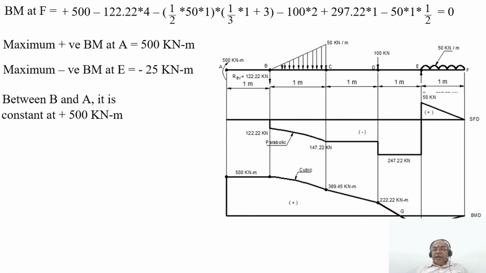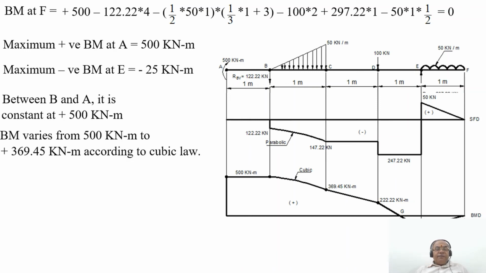Then between A and B it is a cubic curve, because BM varies from 500 kilonewton meter to 369.45 kilonewton meter, and the area of the triangle in meter square into the distance of the center of gravity in meter becomes meter cube.